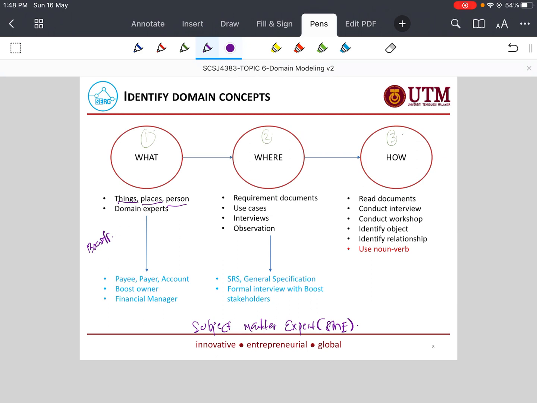For example, in my past consultancy in the healthcare domain, the first person I met was the director of the hospital, because the director knows all the processes inside that hospital, starting from the process for the doctor, the procurement, the billing, the payment, salary payment and so on.